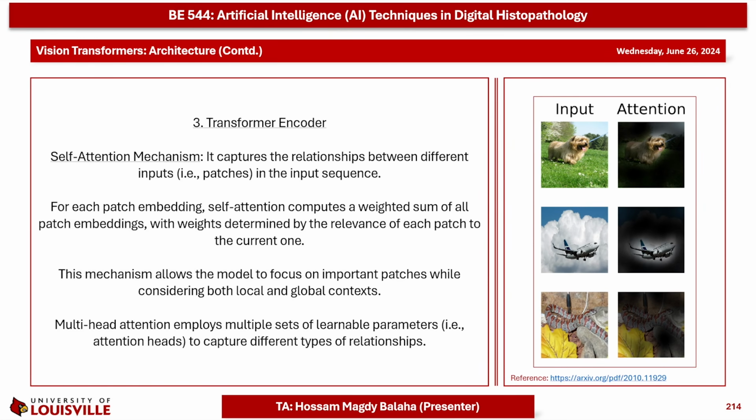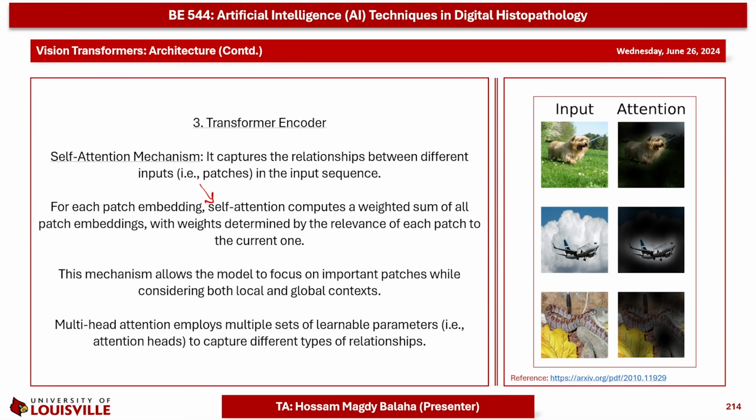For each batch or batch embedding, the self-attention will compute a weighted sum of all batch embeddings, with weights determined by the relevance of each batch to the current one.